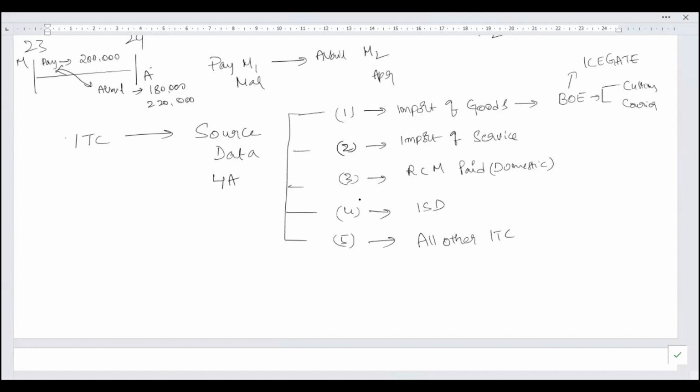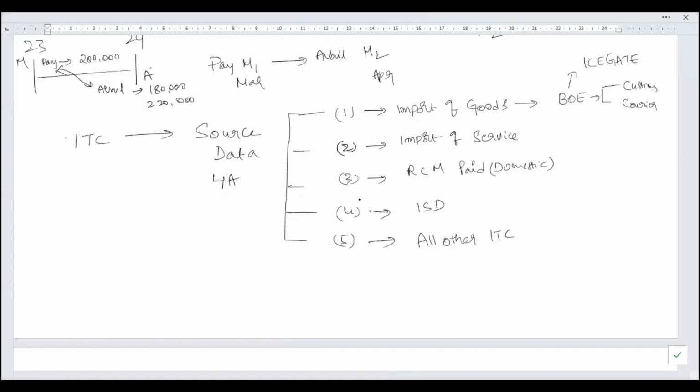Now this is where integration happens. Customs is under the Ministry of Finance, CBIC is under the Ministry of Finance. Two different divisions, one is CBIC, one is customs. There is a data exchange between these two portals, where whatever customs duty I have paid gets traveled to my GST portal through a bridge kind of thing.